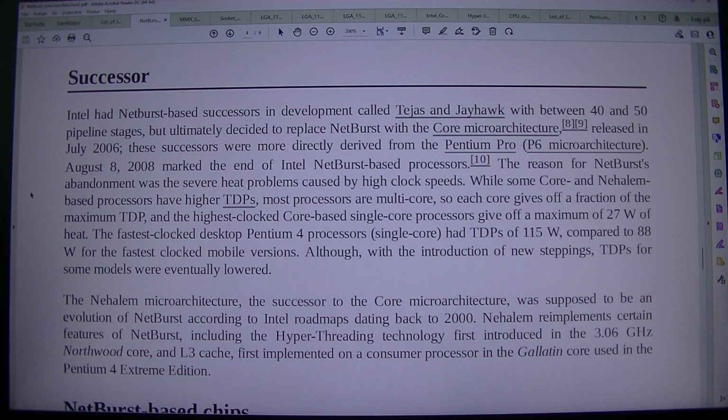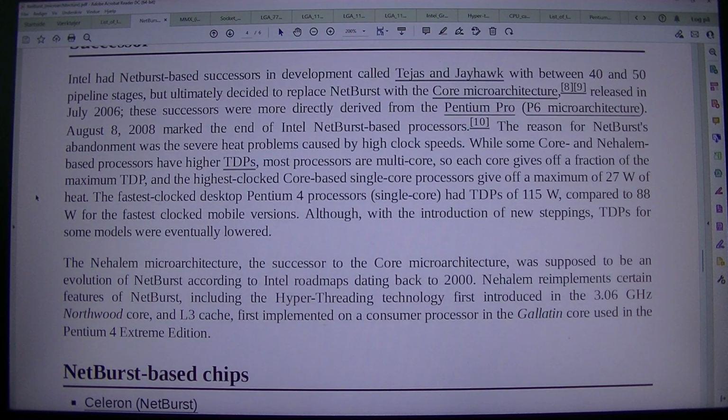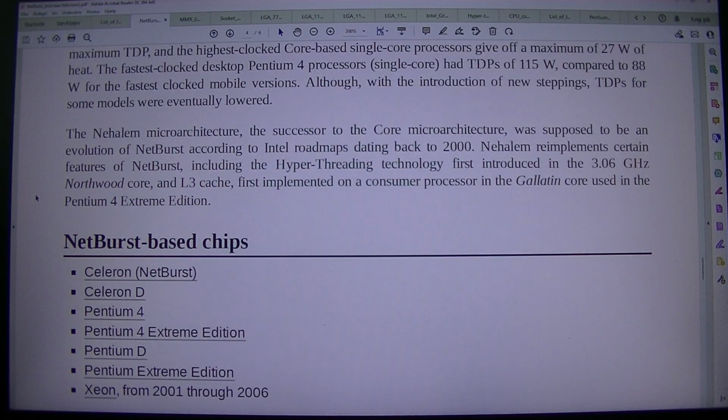The fastest clocked desktop Pentium 4 processors, single-core, had TDPs of 115 W, compared to 88 W for the fastest clocked mobile versions. Although, with the introduction of new steppings, TDPs for some models were eventually lowered.